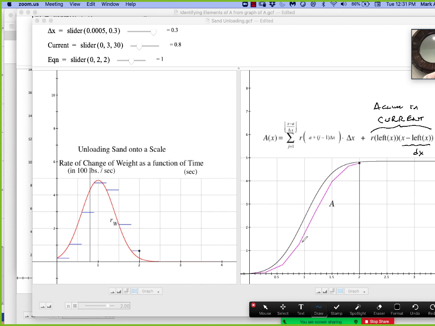Without this, the approximate accumulation function would itself be a step function, because you wouldn't be accumulating within each interval. You would just get the lump sum at the end of every current interval, and so you would just have a step function. It's the accumulation in the current interval that actually makes this into a linear piecewise. Does that make sense to everybody?